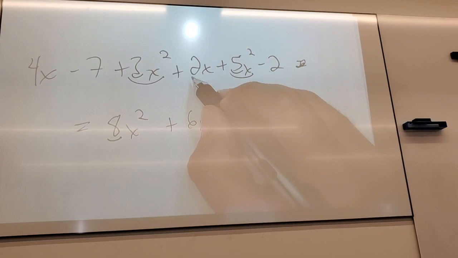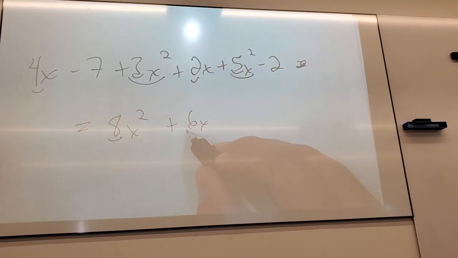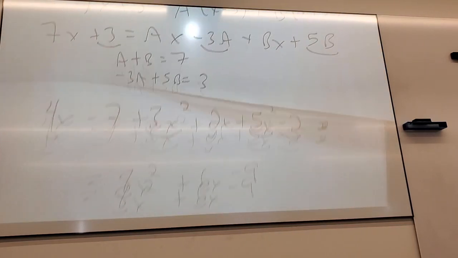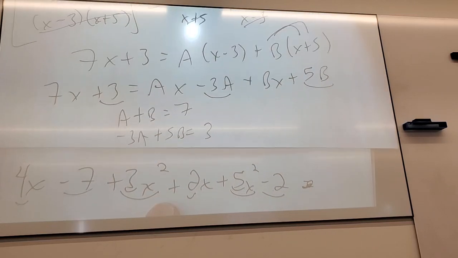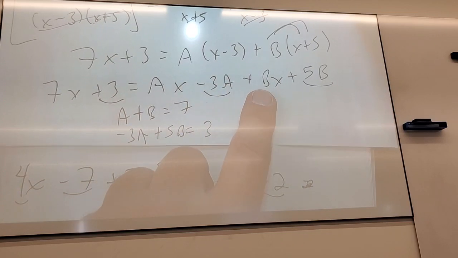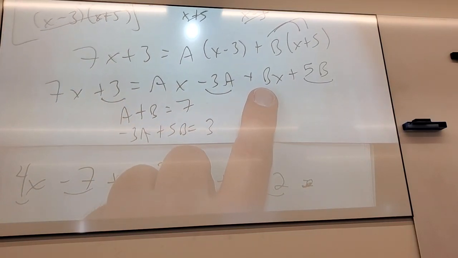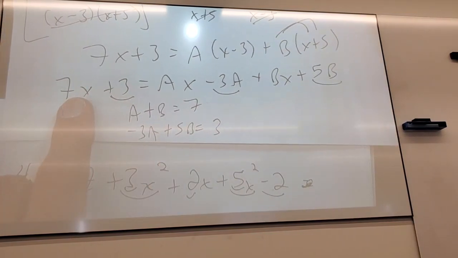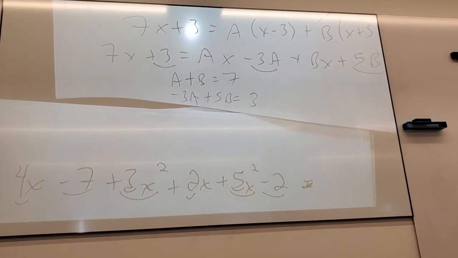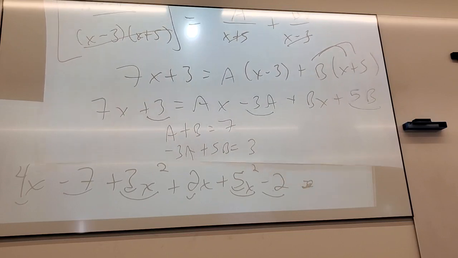Plus 6x, because 2 plus 4 is 6. Those are coefficients of the x. Minus 9, because the constants have to add together. So all I'm doing here is saying, what must somebody have combined to make 7? A plus b. That's all. Later we're going to have x squareds, x cubeds. I'm going to do the same thing. All the coefficients of x squared have to add up to be the coefficient of x squared, and so forth.